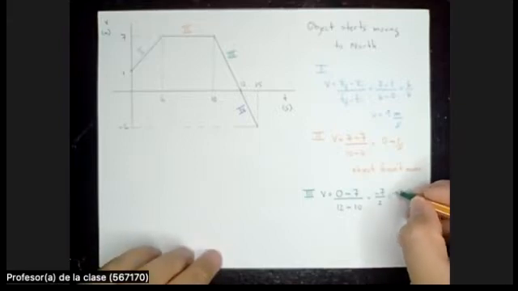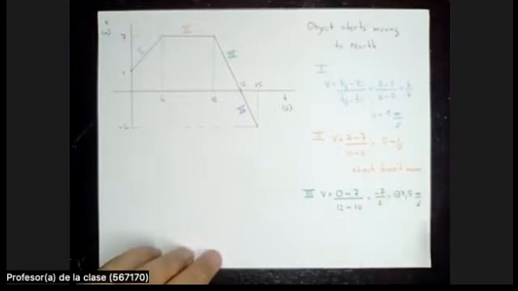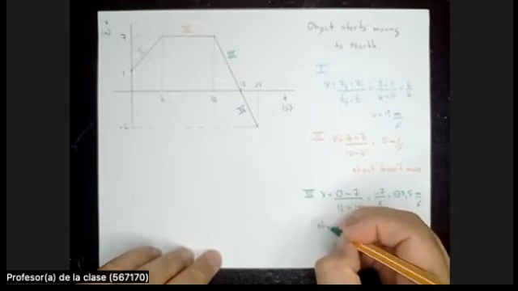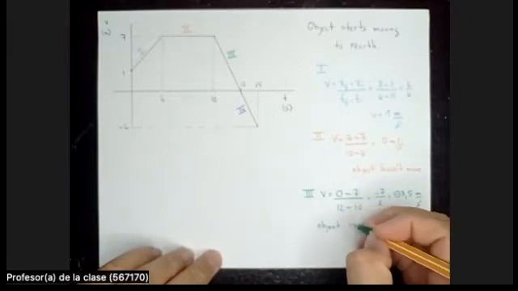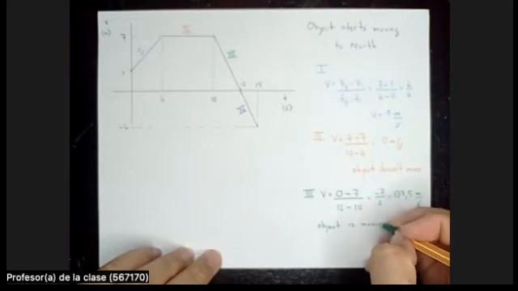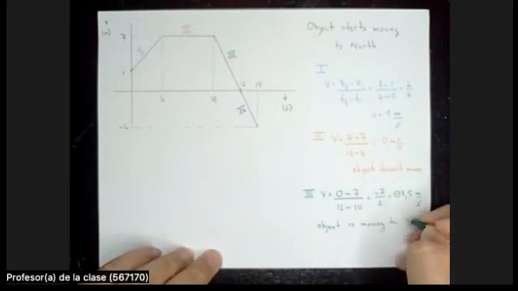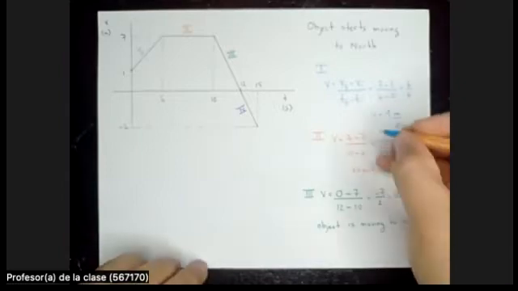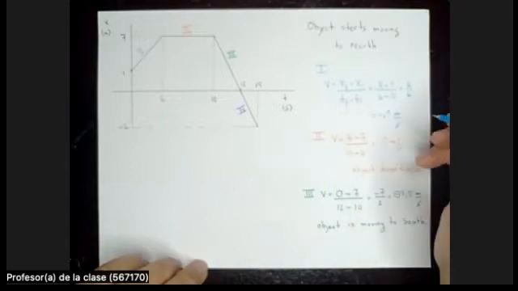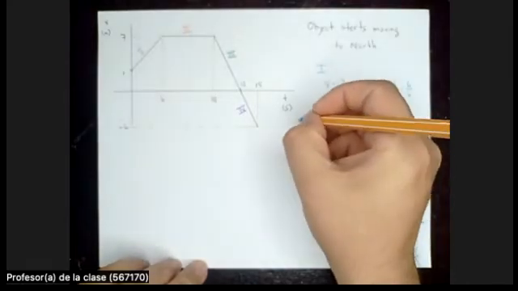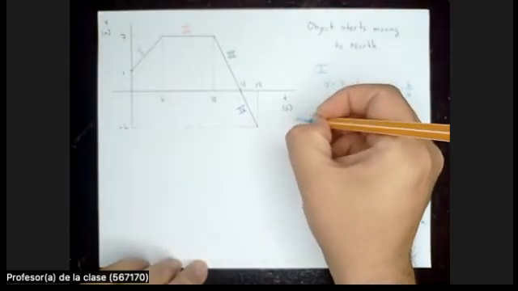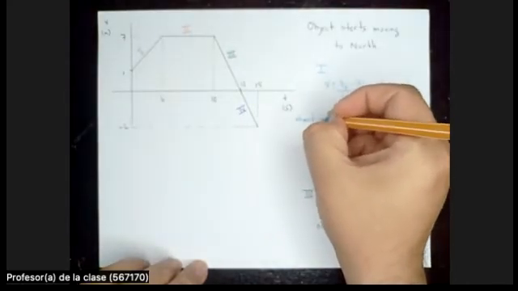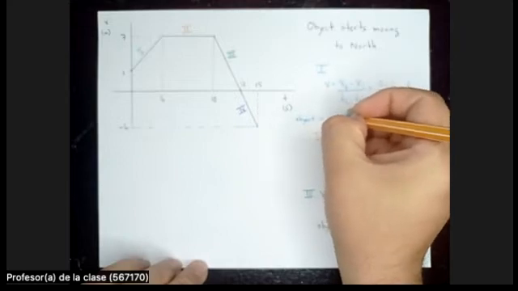Okay, the interpretation here: this minus says that the object is moving to south. And yeah, I forgot this plus on the first interval. The velocity says that the object is moving to the north.